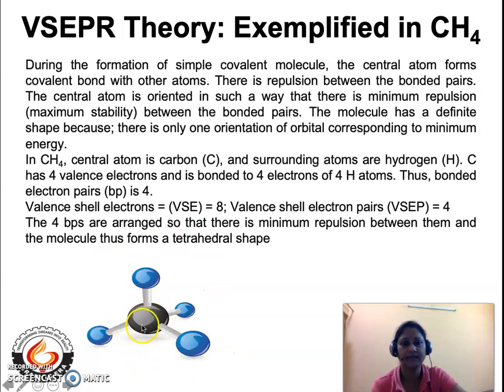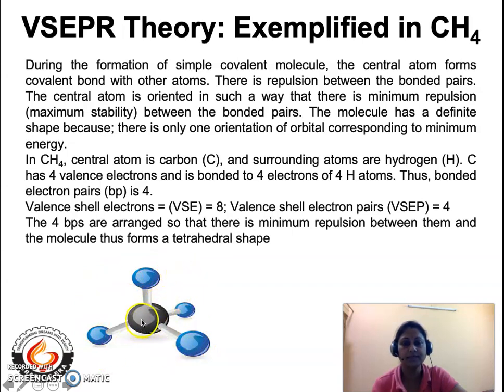The central atom, that is carbon, is forming covalent bonds with the 4 hydrogen atoms. So there are 4 bond pairs. So 1 electron of carbon is involved in bonding with 1 electron of hydrogen. So 1 bond pair is having 2 electrons. So there are 4 bond pairs, and the total electrons involved in bonding is 8.